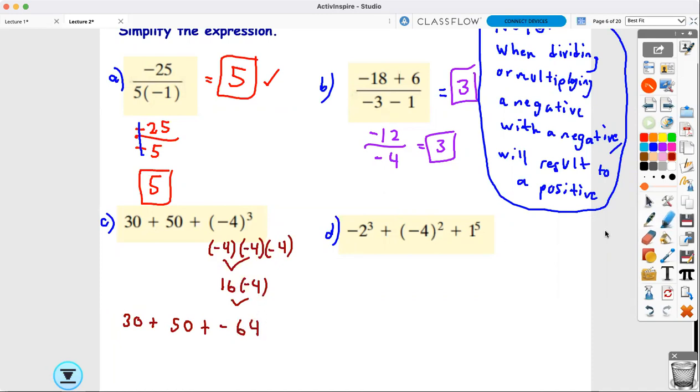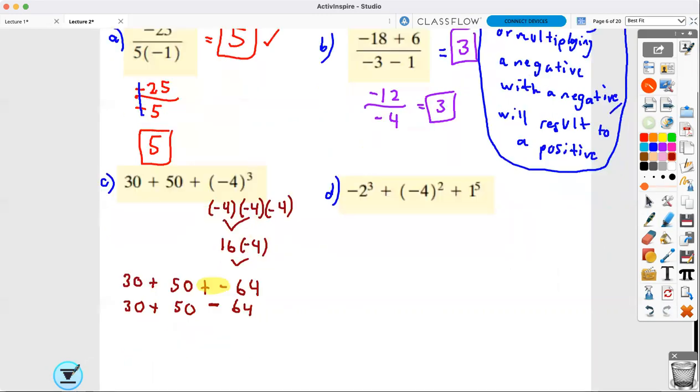But class, we have an adding and a subtracting. We're adding a negative number, which is the same thing as what? Same thing as subtracting. So now we add and subtract from left to right. 30 plus 50 is 80. Bring down the 64. Those two simplify, give us 16, and we are done.